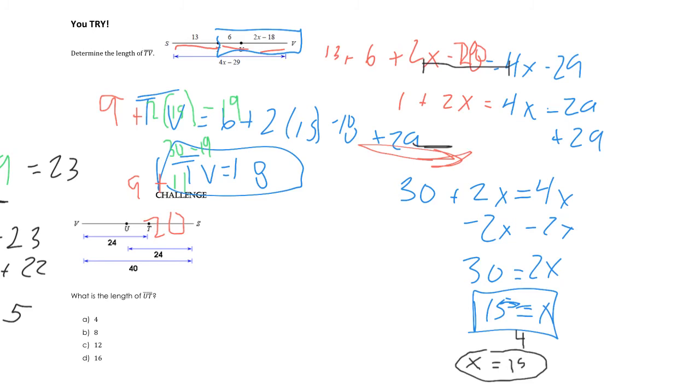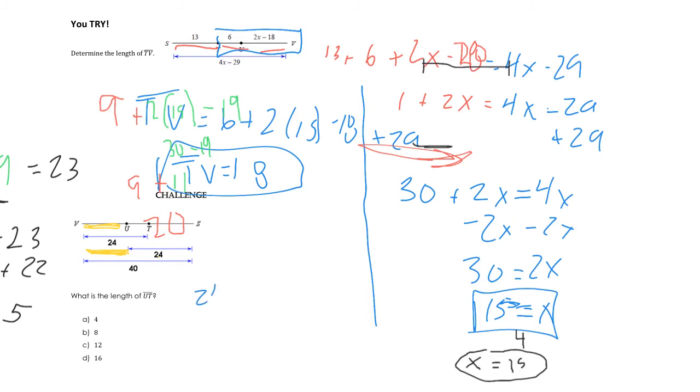Then, the bottom one. Let me just box this off. This is a little more challenging and might be hard to figure out at first. But if I look at this line, I see the whole thing is 40. If I want to find VU, that's this piece here. Well, I see 24 plus VU has to equal 40.